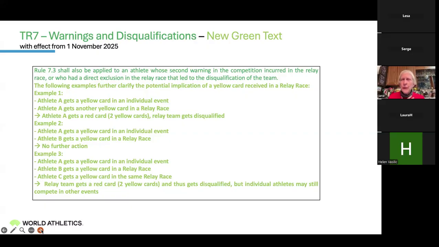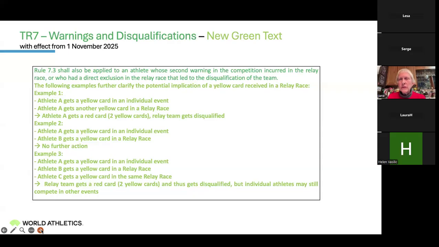Sorry, I'm in my car listening. I just wanted to clarify and expand on that. So that would be example one. If that same athlete is in a second relay, the 4x4 for example, so they have two yellow cards, the first relay team is disqualified, but no, they're not, because there's only one yellow card so far.